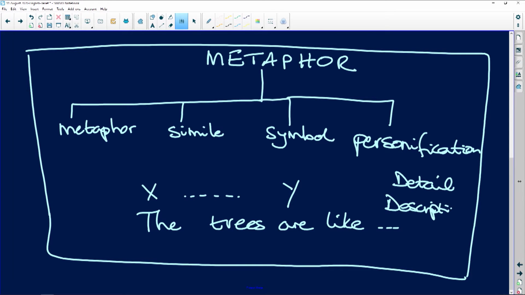You've never seen these trees that I'm talking about, and I want you to be able to see them. So I give you an image, a picture in words that gives you detail and description and allows you then to imagine the trees that I'm talking about.